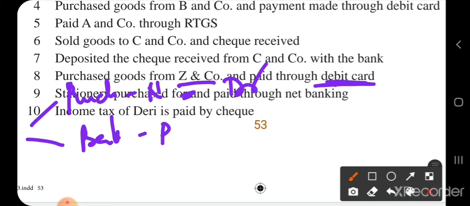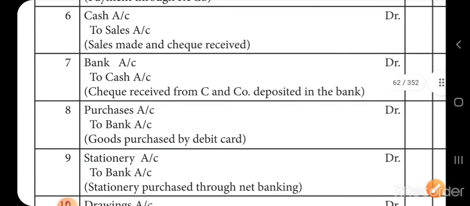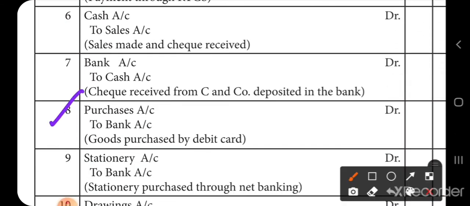Purchase is an expense, so you debit. Debit the receiver, credit the giver. Who is the giver here? The bank is giving the money, so credit bank. Entry will be purchase account debtor to bank account. Here, eighth transaction, purchase account debtor to bank account.